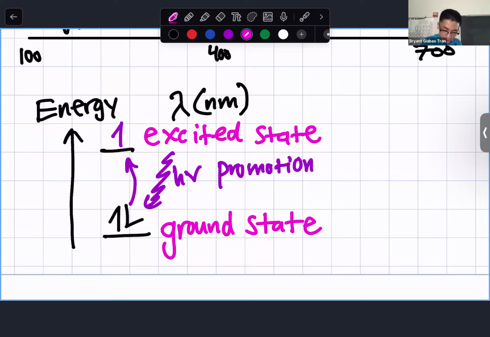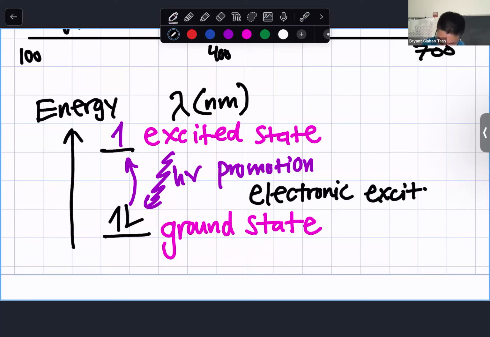So this UV-vis has to do with electronic excitation. In IR, that had to do with molecular vibrations, like the bond vibrations to show what kind of functional groups we had, like a C triple bond C, double bond, or alcohol, carboxylic acid. That had to do with vibrating the bonds between the functional groups.